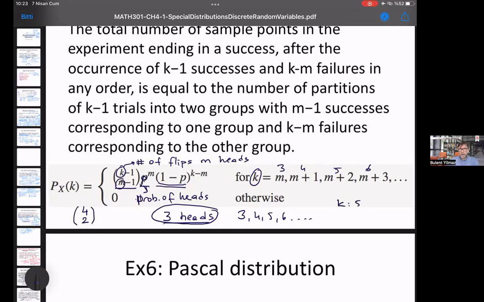I'm trying to find k being equal to 5. What does it mean? I'm going to reach 3 heads, the number of heads being 3, in the 5th flip. So before that, I had 4 flips, and 2 of them were heads.